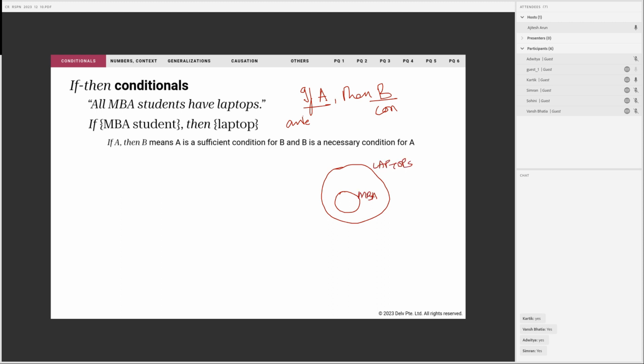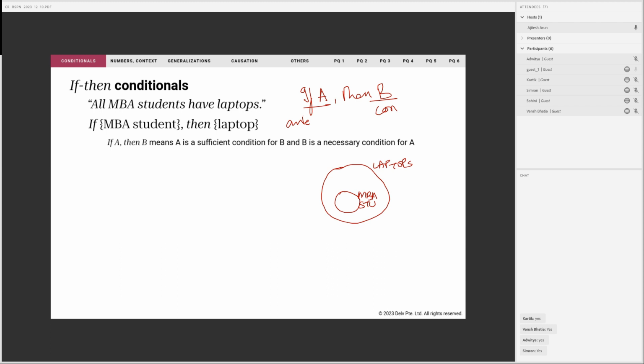Because there are multiple students or professionals who can own laptops, but the class that we are talking about here is that if an MBA student is there, then he certainly owns a laptop. Excellent. So if MBA student, then laptop is certain, right? That's important. What that means is MBA students are contained within the set of laptops.